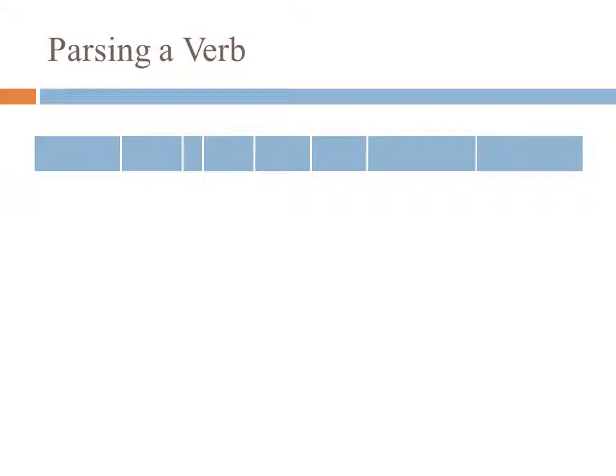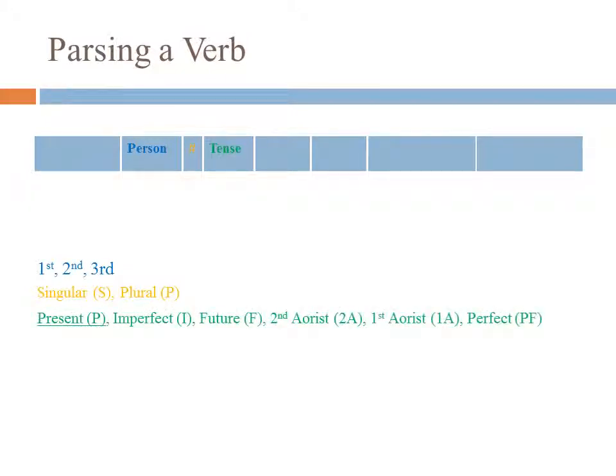Parsing a verb. We're going to parse a verb which is slightly different than what we've done before, so I'm going to go through it with you. One thing that we have, and we've seen this before, is person: first, second, or third. The number is singular or plural. The tense at this point, the only tense that we've had is present, but there are several tenses that we're going to go through, and as we go through them, you're going to parse it with that tense.